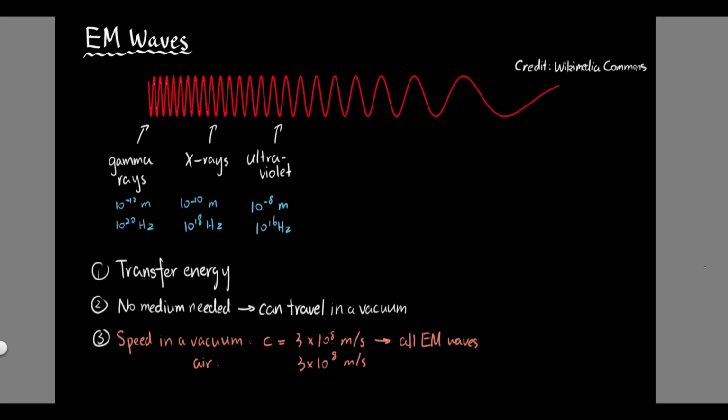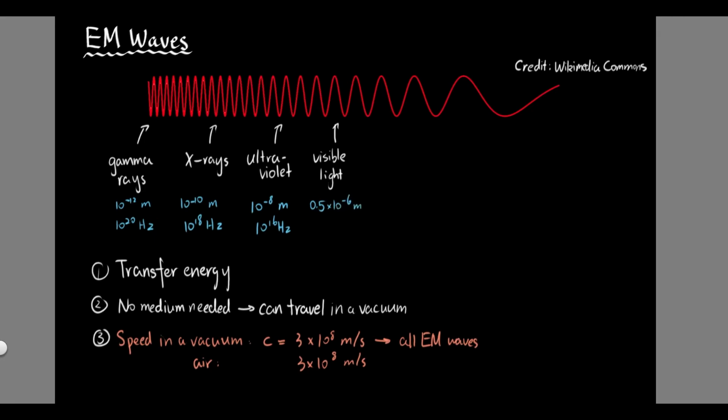And after ultraviolet, we have a range of what we call visible light. These are the lights that are most familiar to us. Visible light has a wavelength of around 0.5 times 10 to the negative 6 meters.